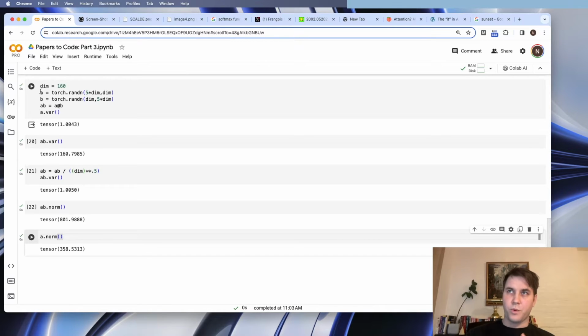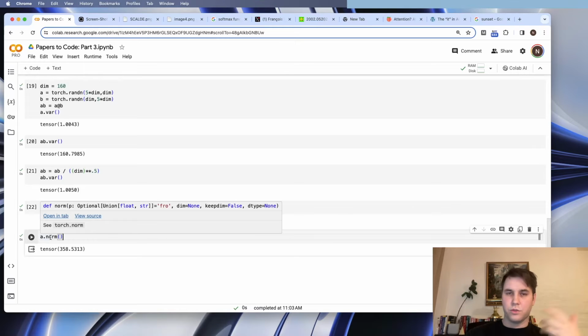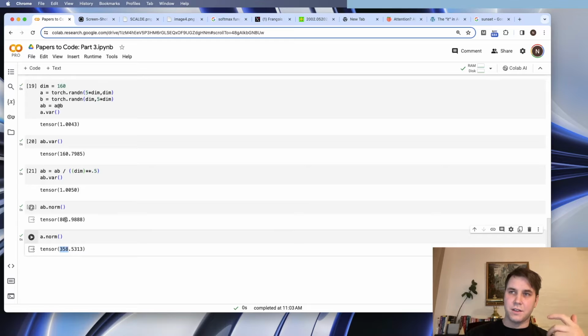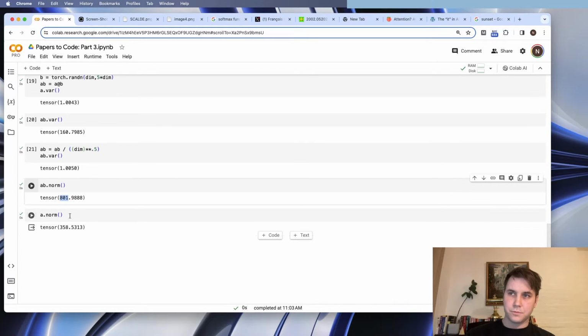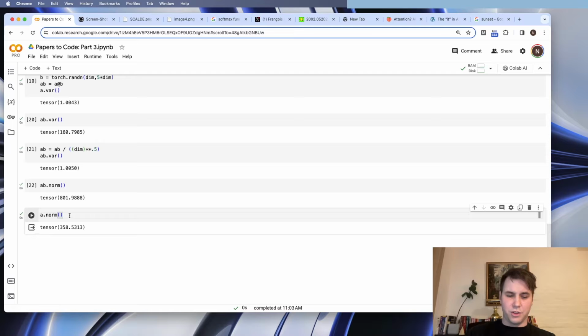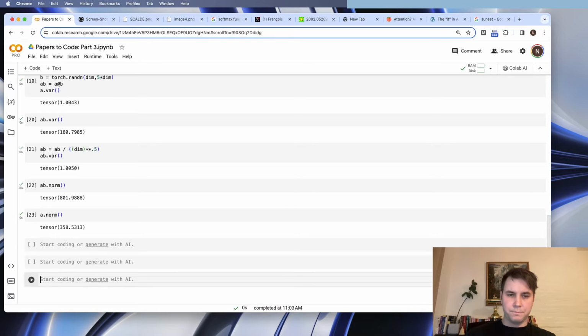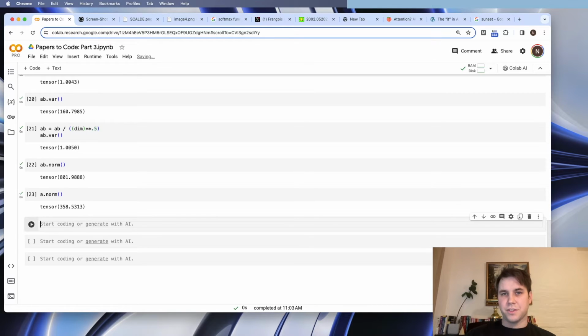These original matrices had a norm, just a way of getting the magnitude, of 358, and their multiplication has 801, even after we divide it by the square root of the dimension. So the norm is still really big, even though the variance is 1. So does it matter that this norm has kind of exploded?